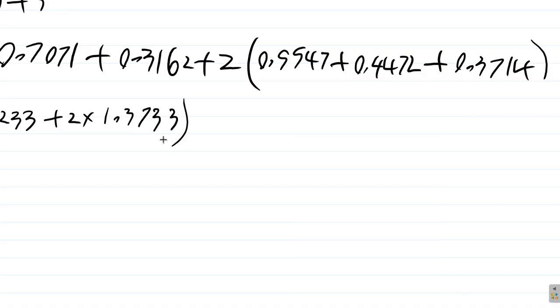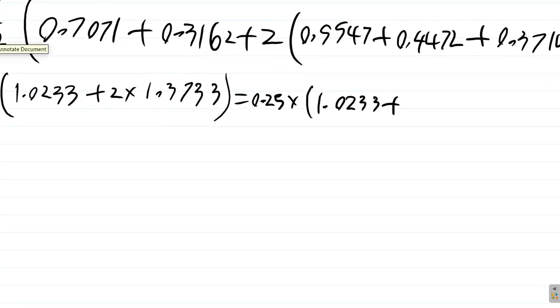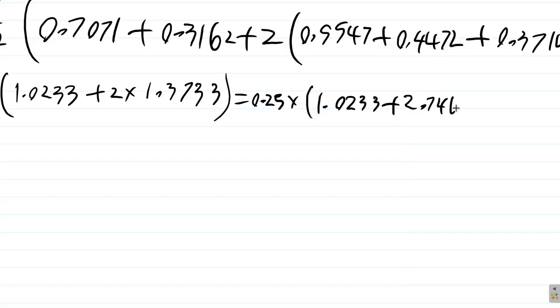So we have that. Okay, which is equal to a quarter, 0.25, times 1.0233 plus 2 times that. This 2 times gives us 2.7466.